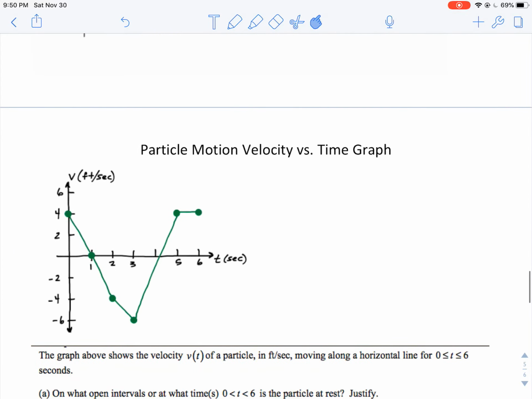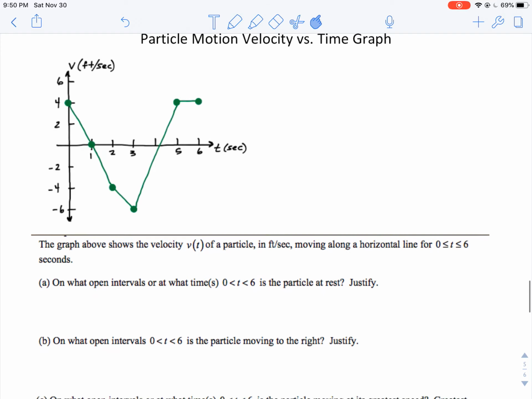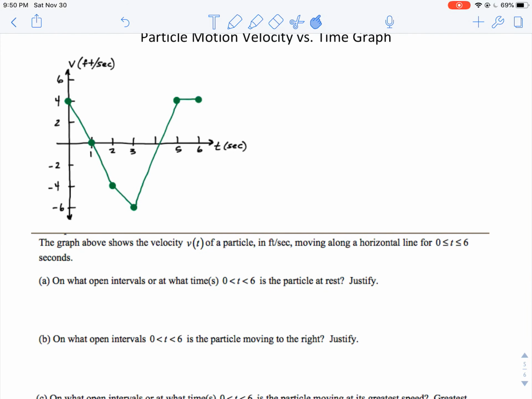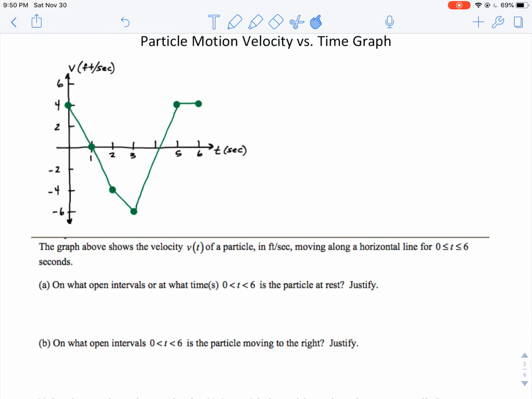Okay, now we have some graph questions. So we got the velocity of a particle in feet per second moving along the horizontal line from 0 to 6 seconds. On what open intervals is the particle at rest, and justify? Okay, so the particle is going to be at rest when we are crossing that x-axis there.